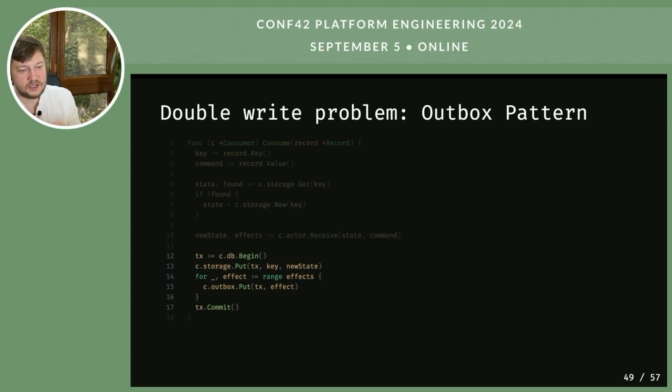In our case, we have new state and an array of effects, and we need to persist everything together in one single transaction. So there is no Kafka at all. If you need to send something to the compliance actor or user actor, you can just put everything in your database. Here everything is solved actually, but the last thing is how to deliver your messages from Postgres to Kafka.